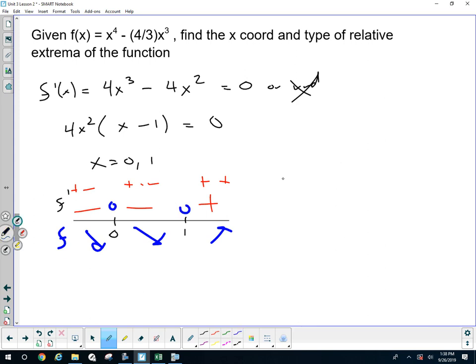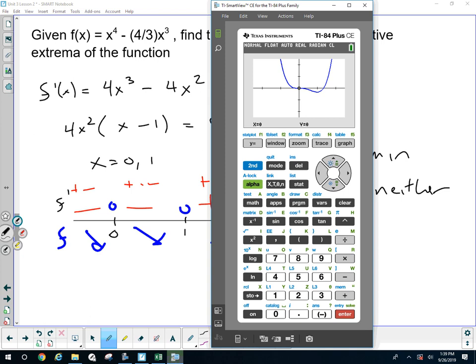So it looks like this function only has a min at 1, and 0 is one of those neither locations where you go down, flatten out, go down. Like that. This is x to the 4th minus 4/3 x cubed. It goes down, flattens out at 0, gets to the point (0, 0). Goes down, gets to a min at x equals 1.